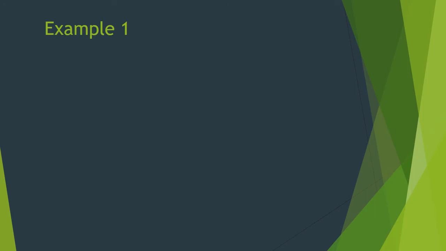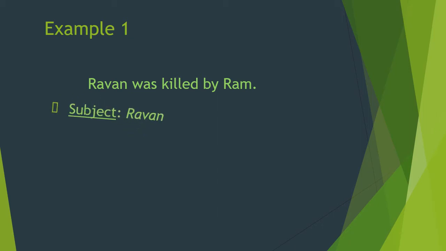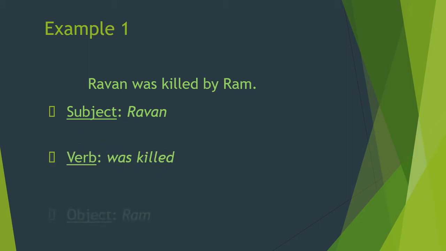Let us learn passive voice with some examples. As I already said, passive voice is vice versa of active voice, or otherwise we can say that the subject and object exchange their places in active and passive voice. Consider the example, Ravan was killed by Ram. Here the subject is Ravan, verb was killed, and the object is Ram.